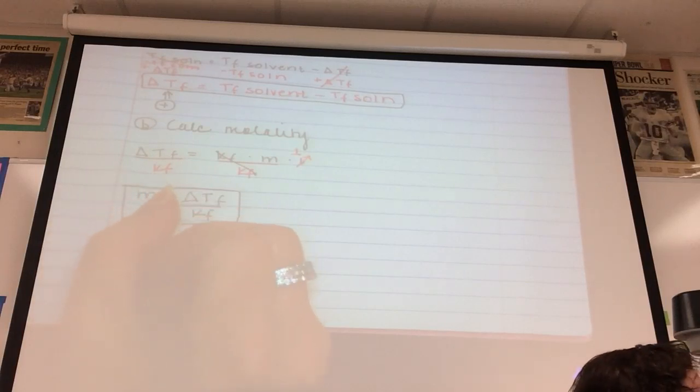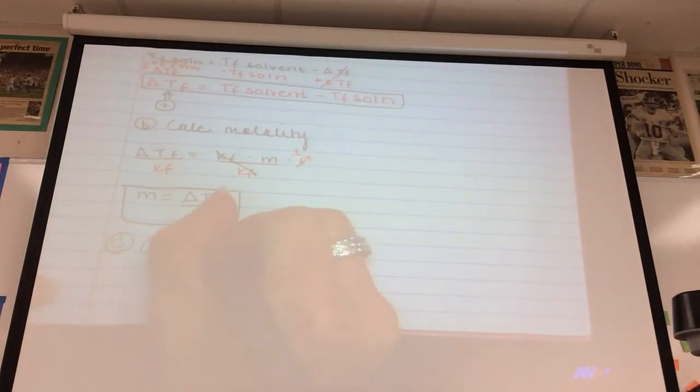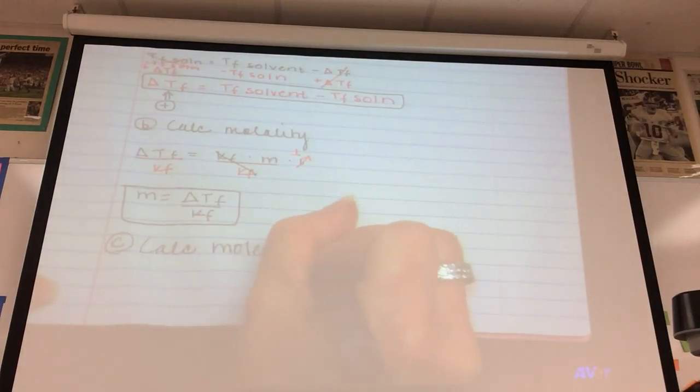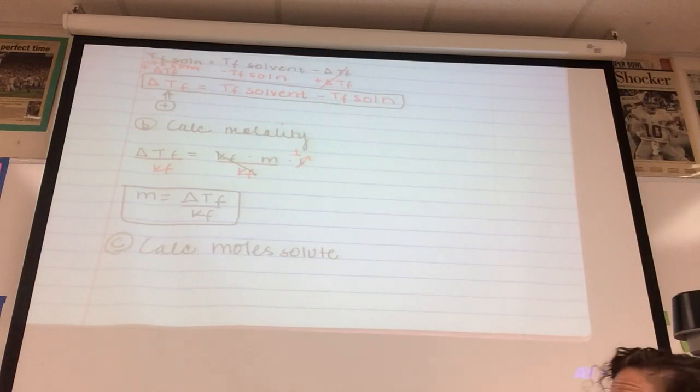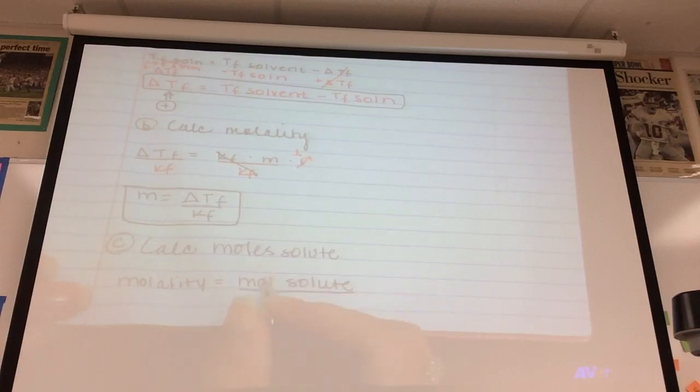In step C, you want to calculate moles of the solute. We know that molality is equal to moles of solute over the mass of the solvent in kilograms.